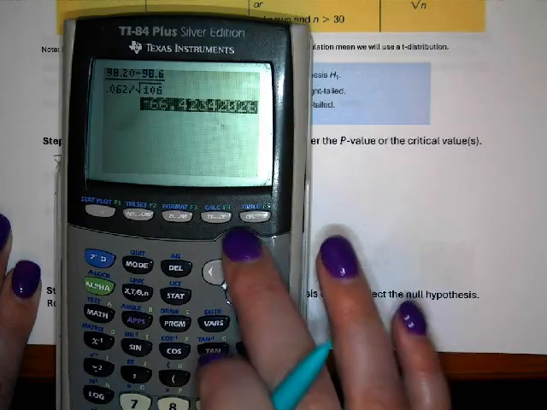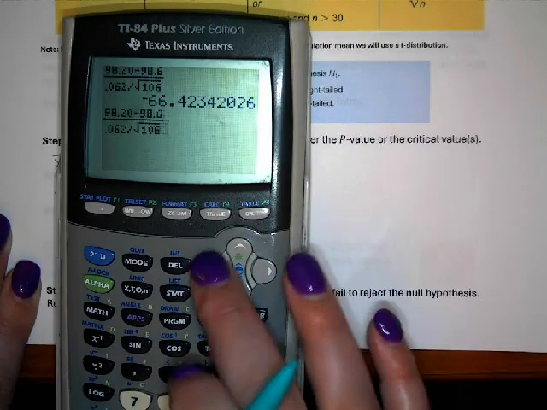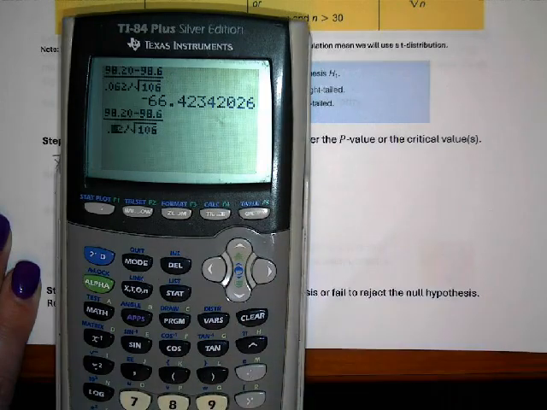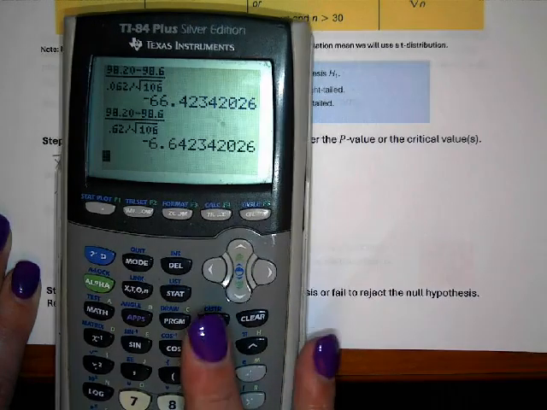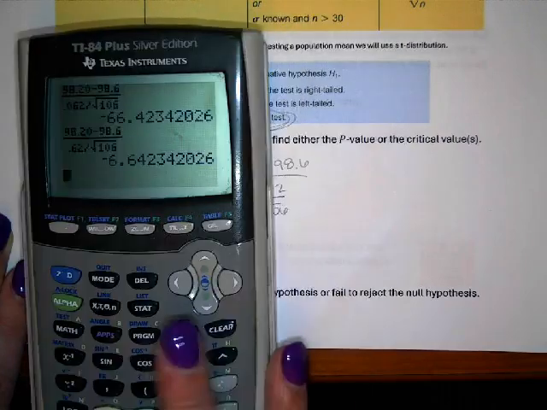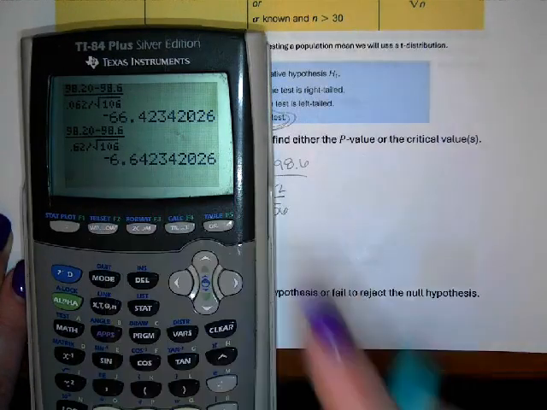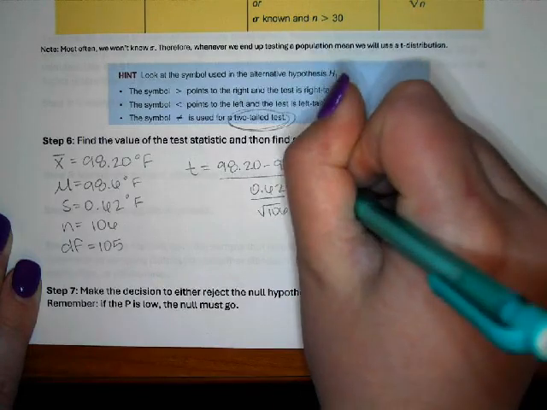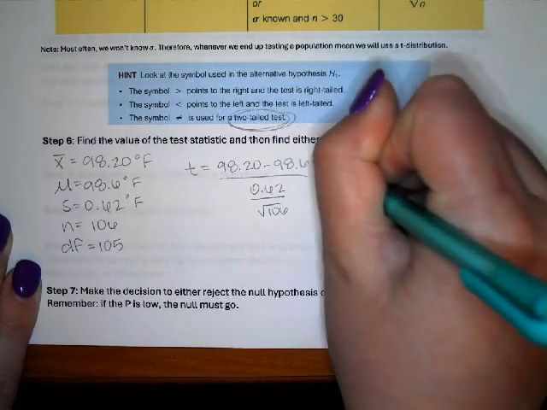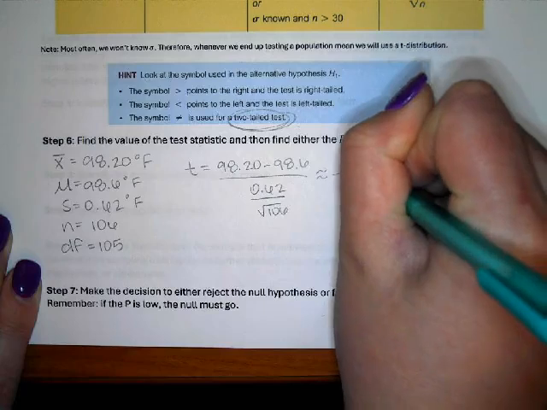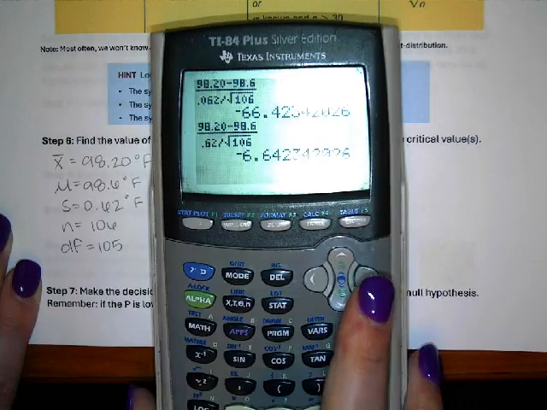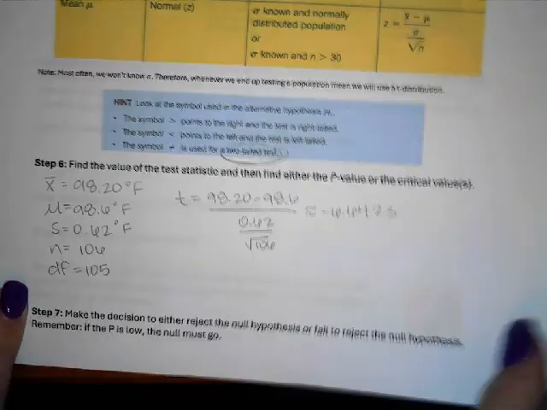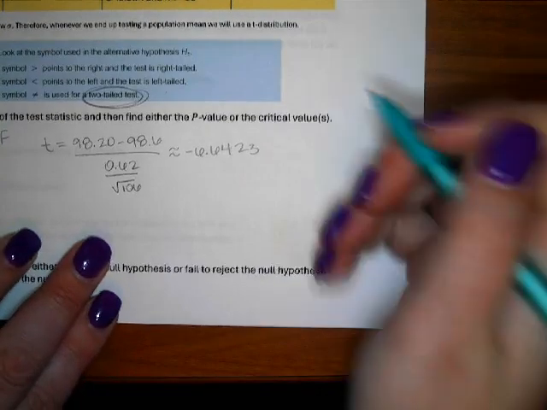Oops, put my decimal in the wrong place on the bottom. There we go, 0.62. So negative 6.64. I'll do 4 decimal places just in case. I think they want more decimal places on MyMathLab.